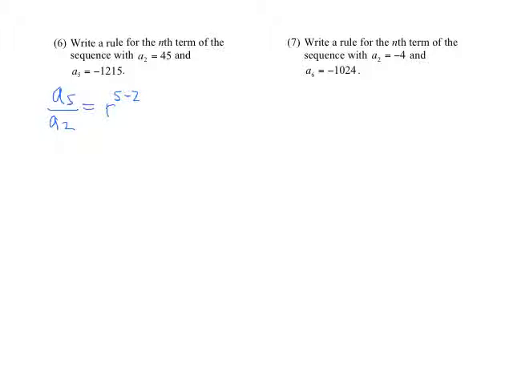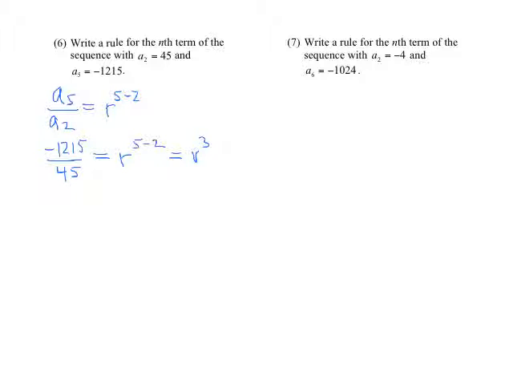So, substituting in the numbers they told us, the 5th number in the list is negative 1,215, and they want the 2nd number in the list to be 45. If we divide those out, that's going to give us what r to the 5 minus 2nd power is. And so 5 minus 2 is 3.